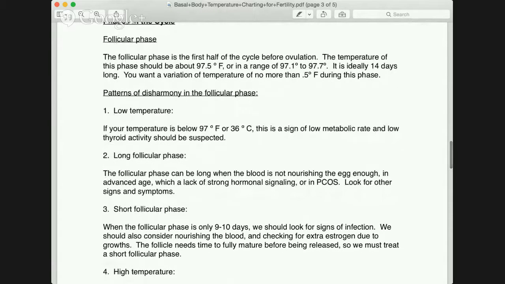However, if you go too low, if you're below 97, then we suspect a low metabolic rate and really low thyroid activity. I think that's really common.